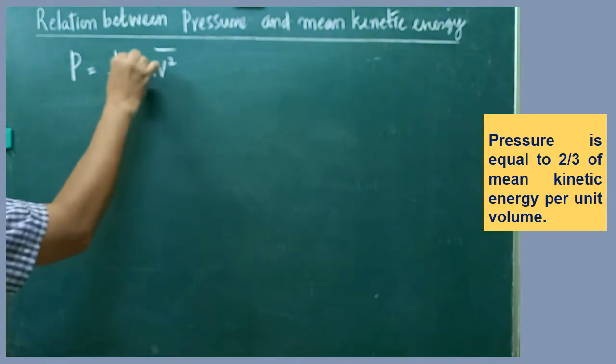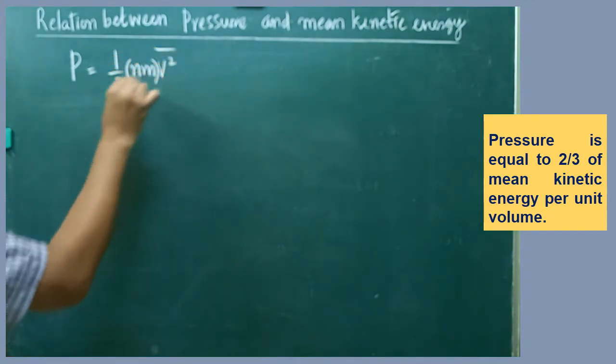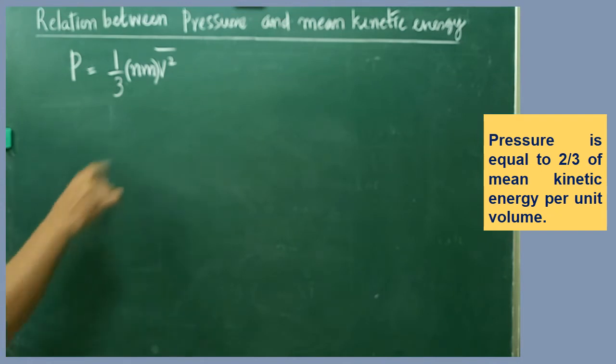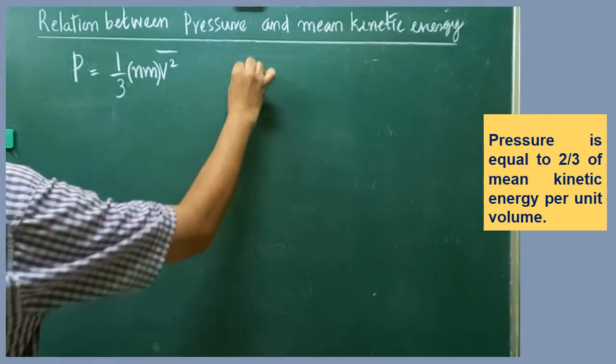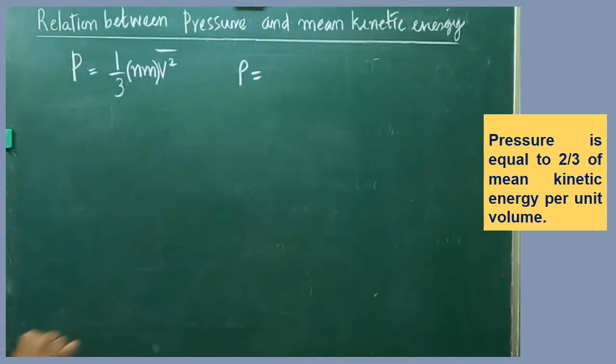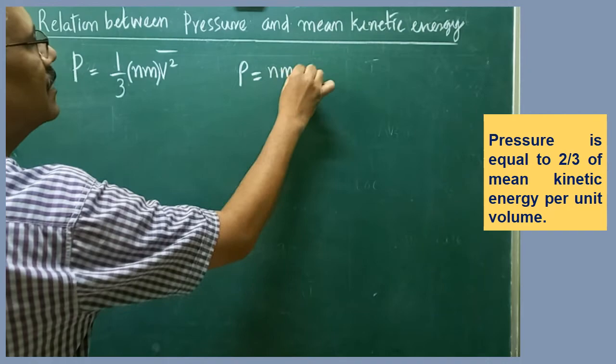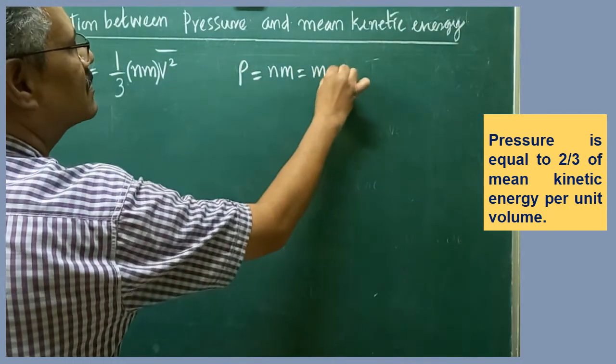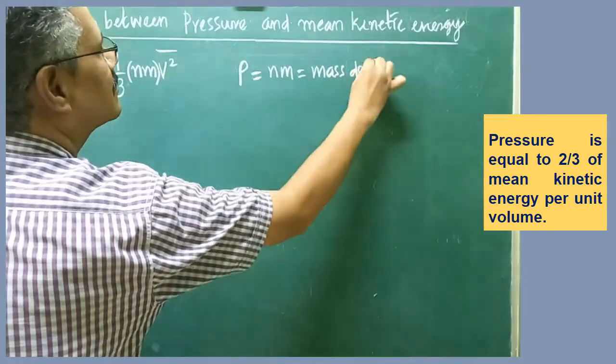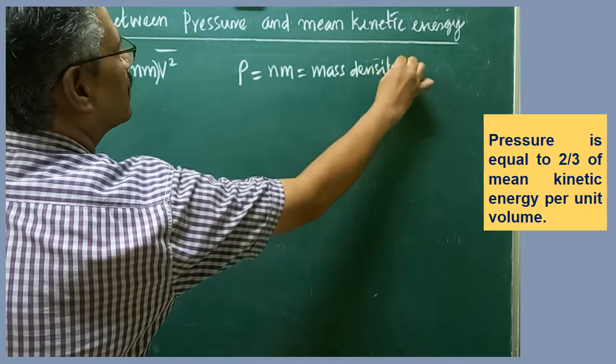Now here, I am writing this n into m within the bracket. This n into m can be combinedly called rho. This rho is called mass density. Rho is nothing but nm, that is mass density. Are you clear?